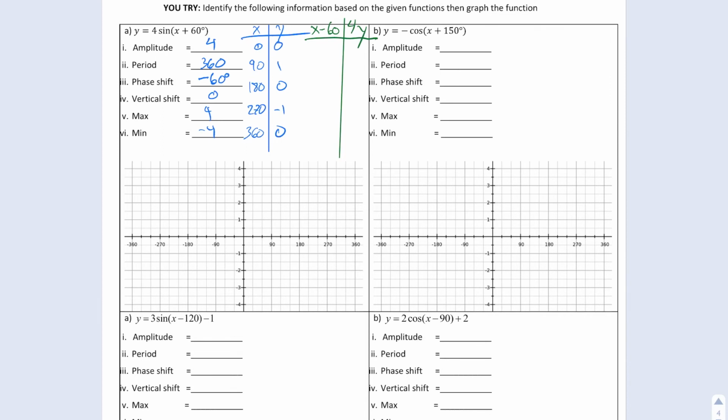And then y times 4, because that's my amplitude. So this is going to become negative 60. This will be 30, 120, 210, and 300. And then my y values times 4. Like that. Okay, so I'm just going to graph the transformed one, but you can graph both if you want.